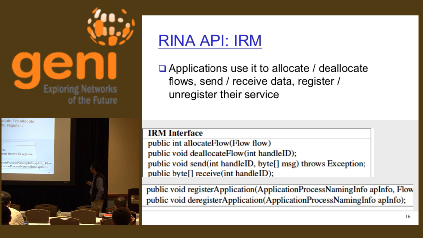One, as you might expect, allows you to establish a flow: allocate, deallocate a flow, send, receive, register applications and services, unregister services. Again, flow allocation is different from the internet. It might require you to dynamically build a communication layer that has a wider scope to allow you to communicate.